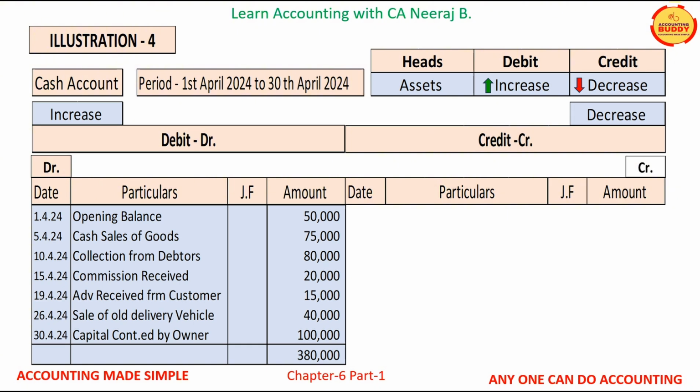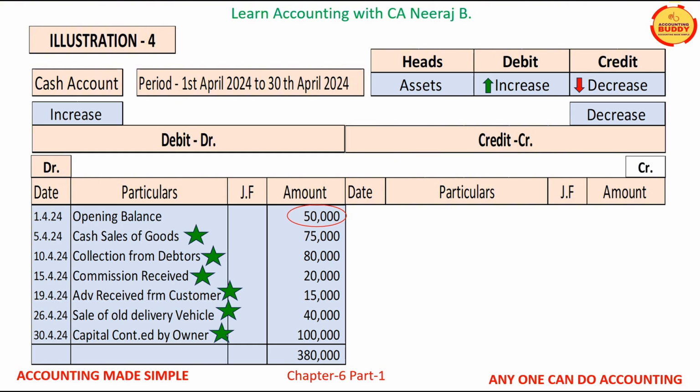Now in the given illustration, we have an opening cash balance of 50,000 and during the month of April 24, business has received cash from sales of goods 75,000, collection from debtors 80,000, commission of 20,000 is received, advance of 15,000 is received from the customer, cash received from the resale of an old vehicle is 40,000 and the capital of 100,000 is contributed by the owner.